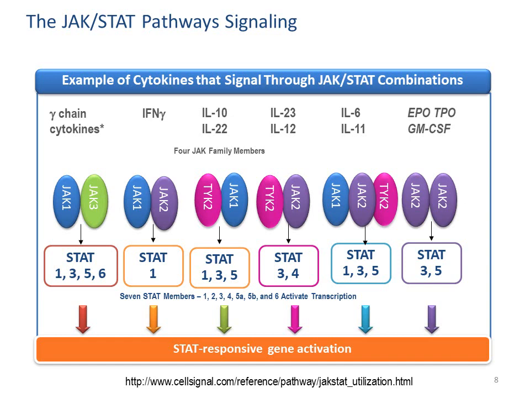So when we look at the 4 different JAKs and the different receptors that have been described, we have the JAK1, JAK3 receptor, which is the receptor for the gamma chain cytokines, and the JAK1, JAK2 receptors associated with that pair of JAKs.